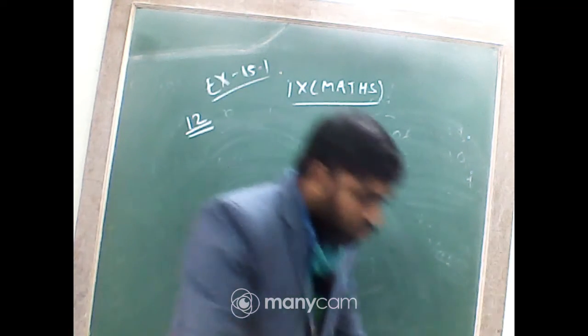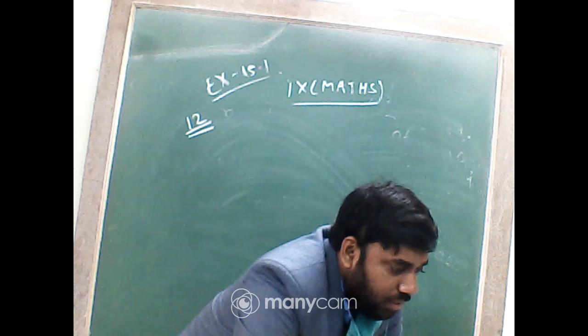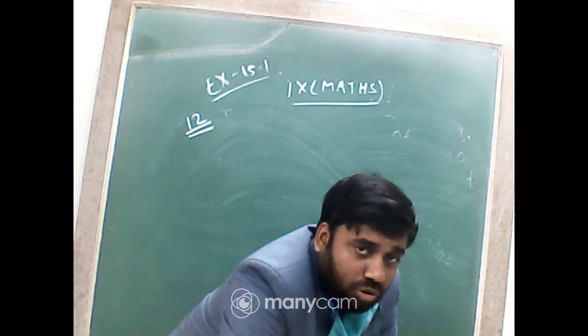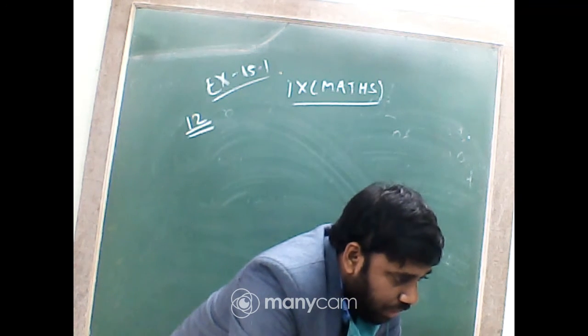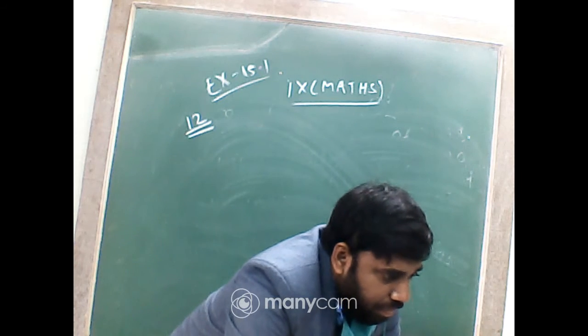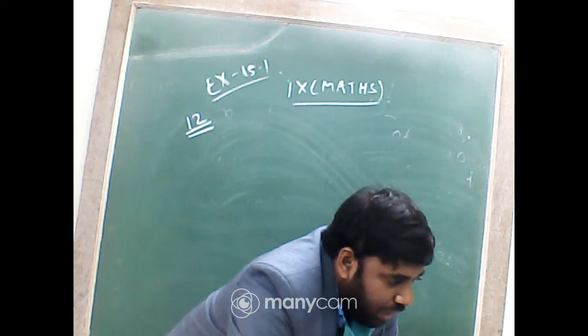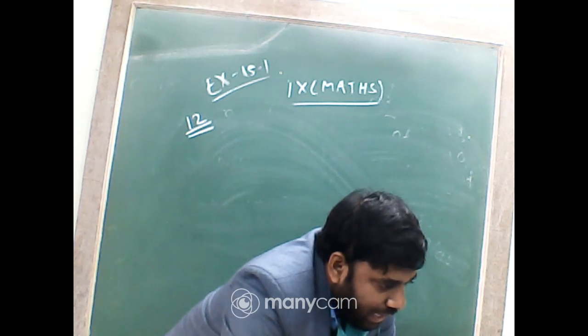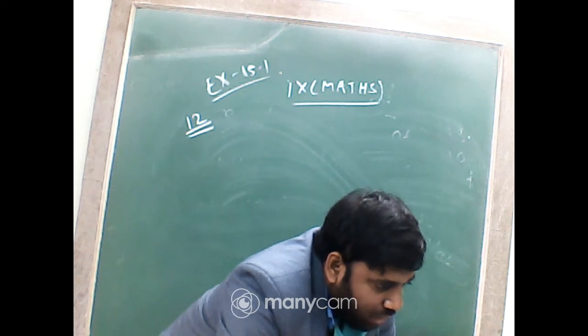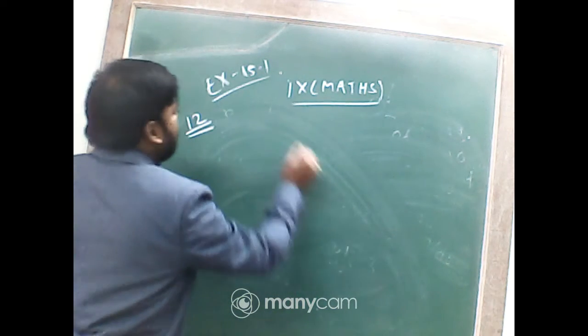Okay. So this data was obtained for 30 days, the amount of sulfur dioxide in air in parts per million. You have to find the probability of the number of days whose sulfur dioxide is between 0.12 and 0.16.